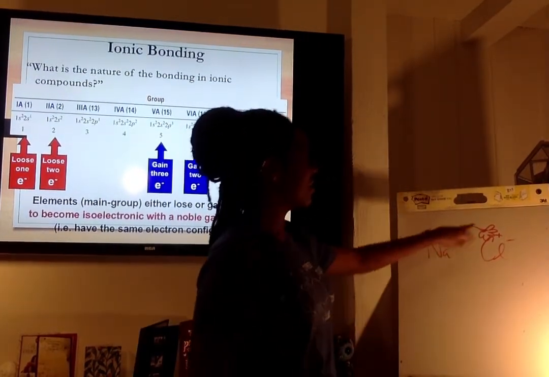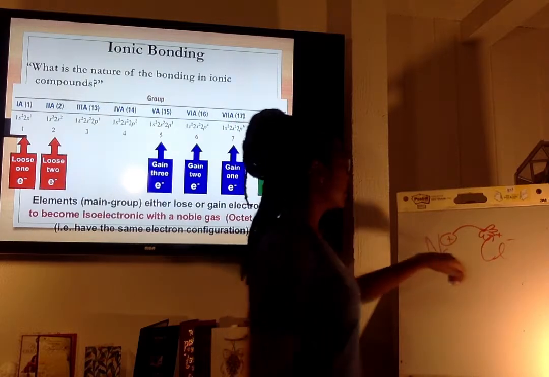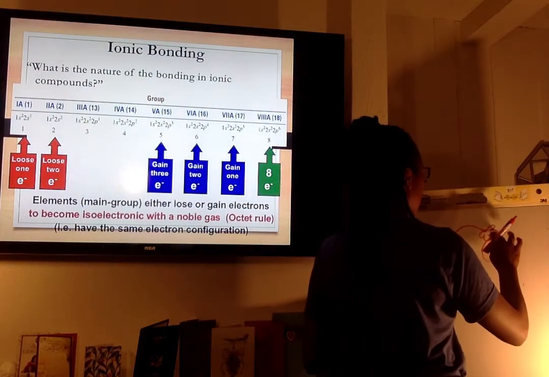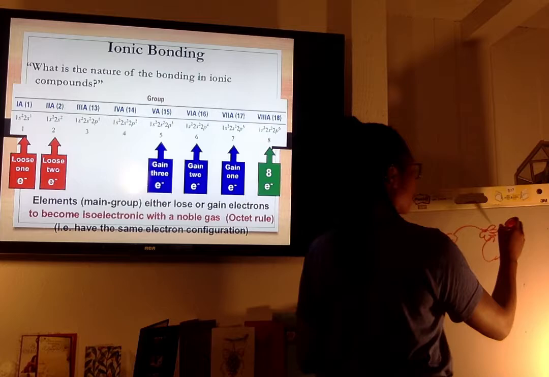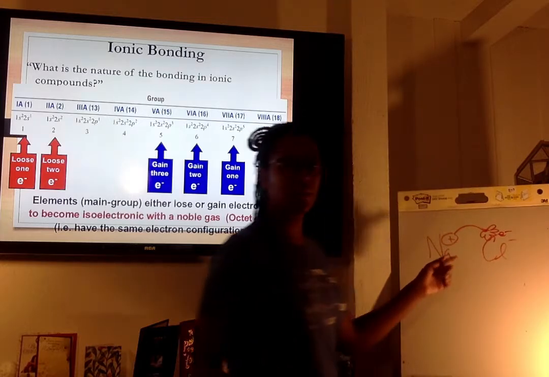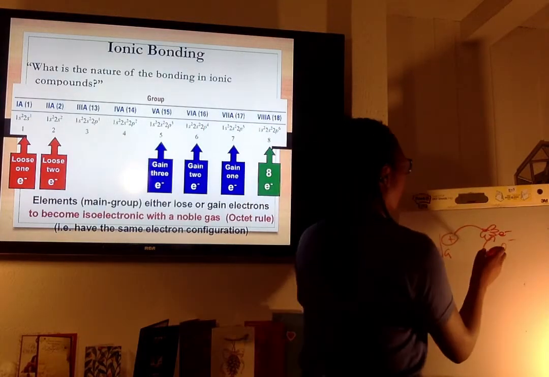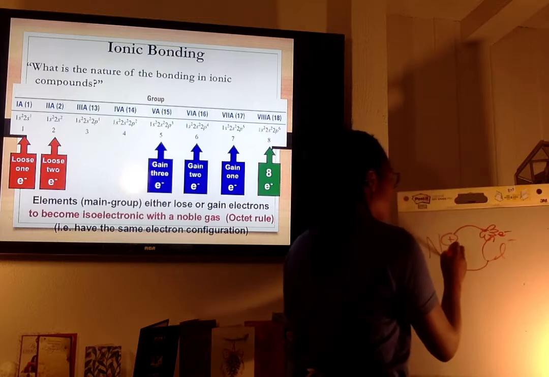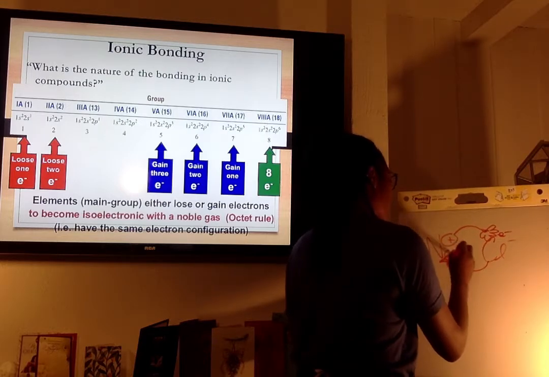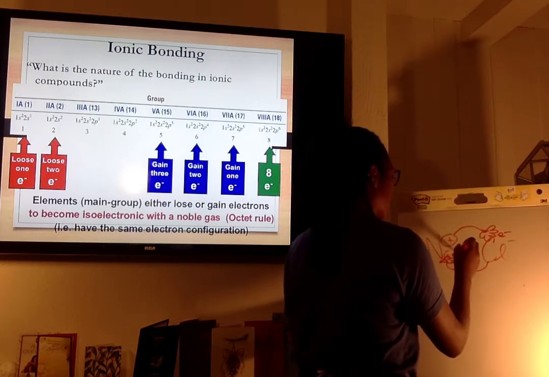Not plus, he's giving away an electron, right? Because that's what the positive means. And then the chlorine is like, oh my God, thank you, let me take that from you. So he's taking this electron.